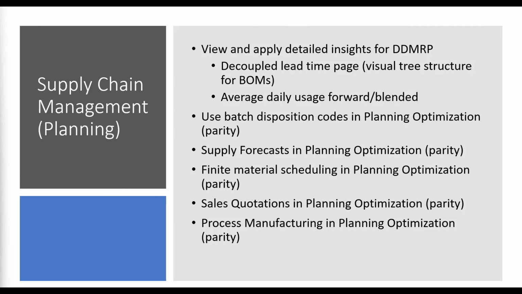And I shouldn't say we, I should say Microsoft is, but this is awesome because we're going to finally have a more modern planning capability inside of Dynamics. And we're getting down to the last features in here before we can start focusing on some of the newer DDMRP concepts, which is going to be very, very awesome to see.